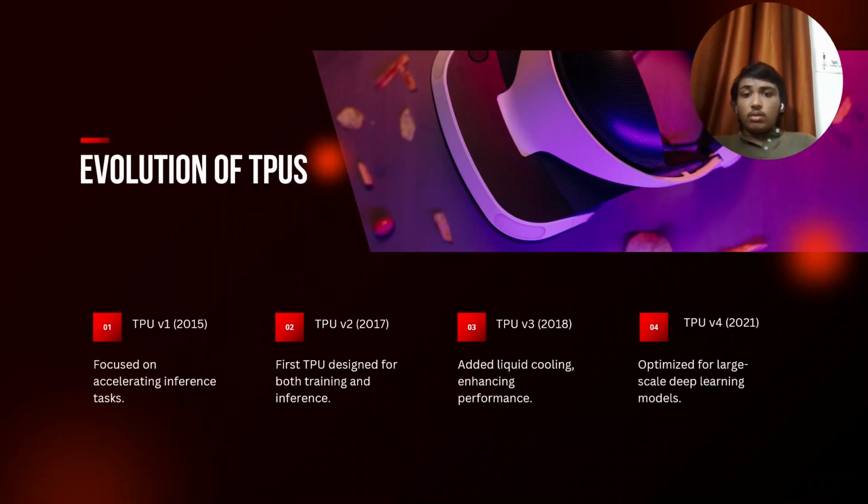The next generation is designed for both training and inference, and the third generation, which launched in 2018, added liquid cooling, enhancing performance. More performance means more heat will be generated and cooling will be needed. The fourth generation is optimized for large-scale deep learning models, meaning very big and large models can be trained by the fourth generation.